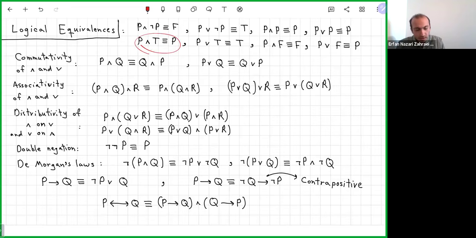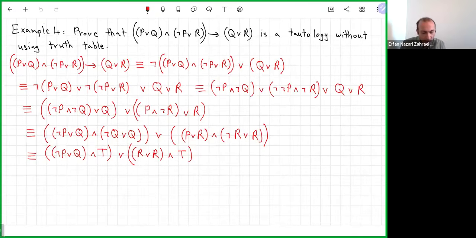I'm using this. So basically, when you have and with true, you can drop the true. So you have not P or Q, or this one. Again, I don't know why I write R instead of P over and over. This is P or R.